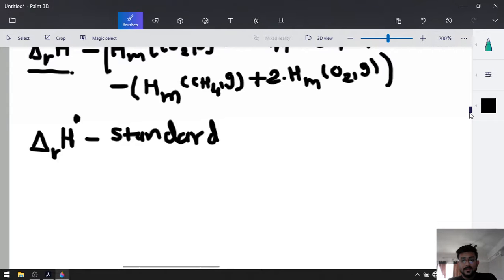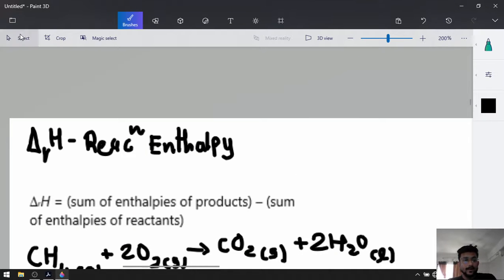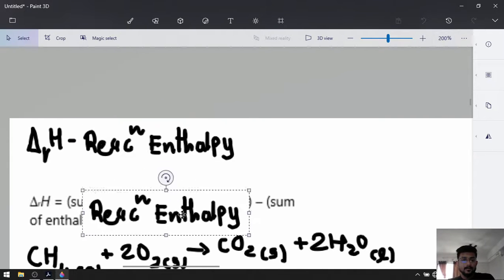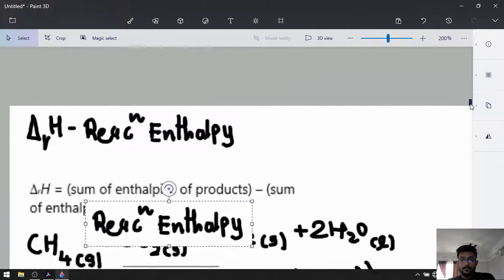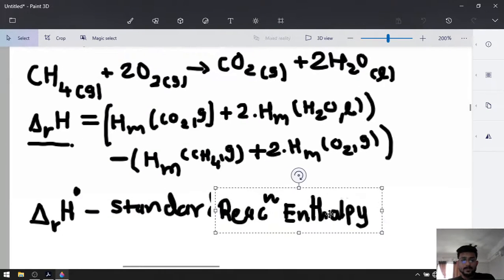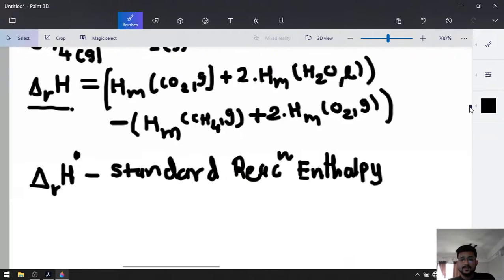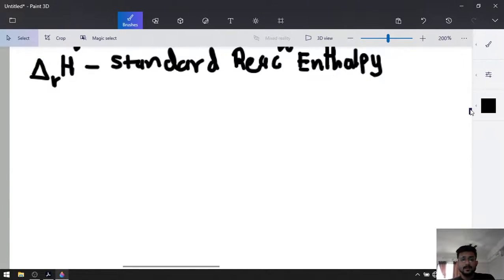Standard reaction enthalpy. I am just going to copy the word I have written already. Reaction enthalpy. Okay, standard reaction enthalpy. After that, we just discussed standard fusion enthalpy.